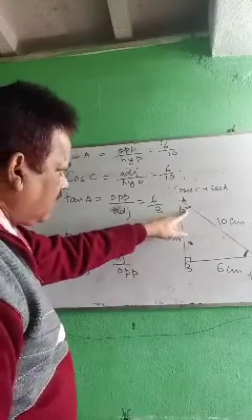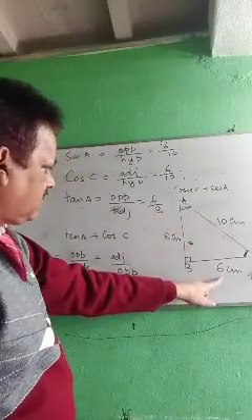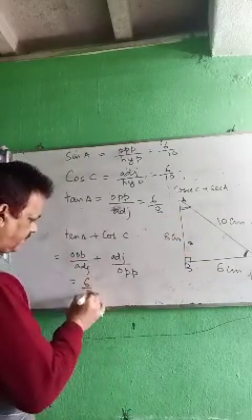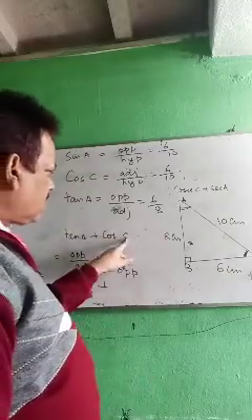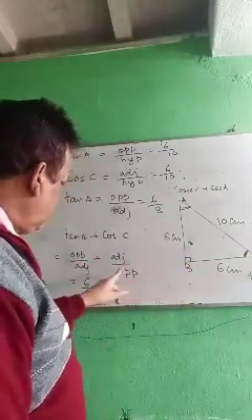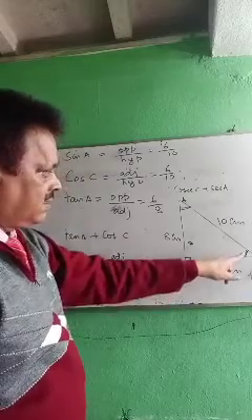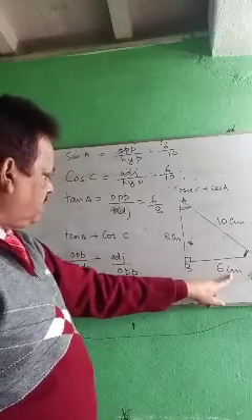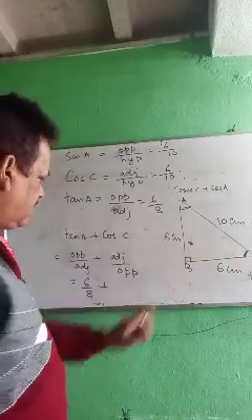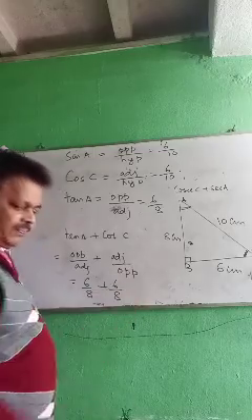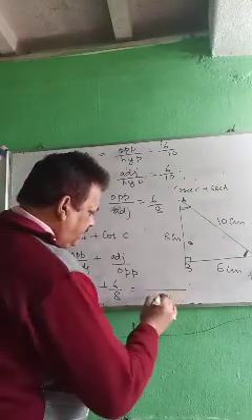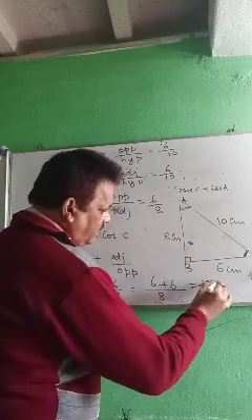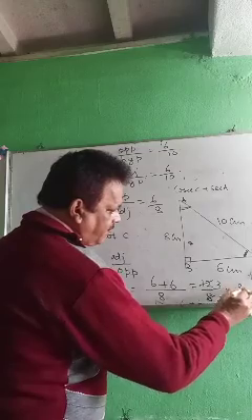The opposite of A is 6, adjacent is 8, meaning 6 by 8. But for cot C, the adjacent of C is 6, over the opposite of C, 6 by 10. So 6 by 8 plus 6 by 6. 8 is the LCM, 6 plus 6, 12 by 8, which is 3 by 2.